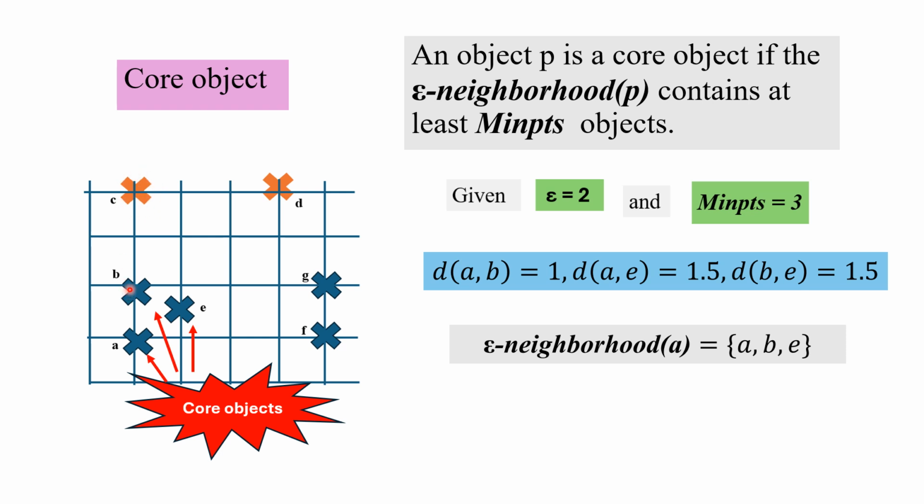Of course, there is one, but we need three objects for it to qualify as a core object. Similarly, D has no object, because even G is at distance 1, 2, and 3. Manhattan distance can be computed very simply using this grid, because you simply count the blocks, so it is also called the city block distance. From D to G, we get 1, 2, and 3. The same we have seen for G and F. So none of these are core objects.